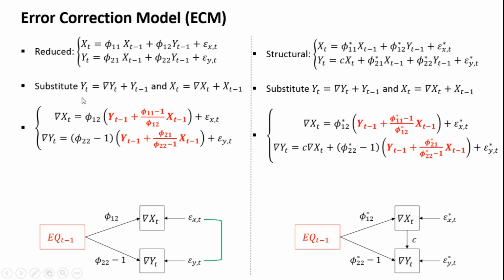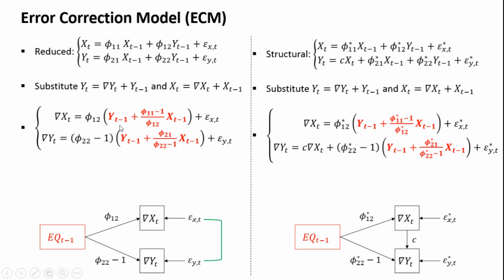If we substitute the expression yt, which is equal to the differential of yt plus yt minus 1, and xt equal to the differential of xt plus xt at time t minus 1, you obtain the current relationship.